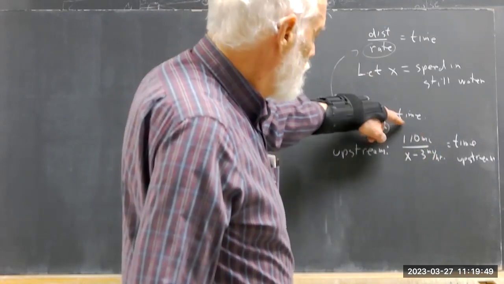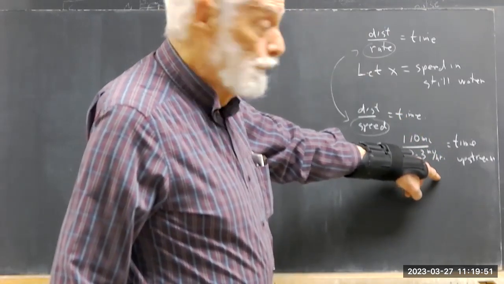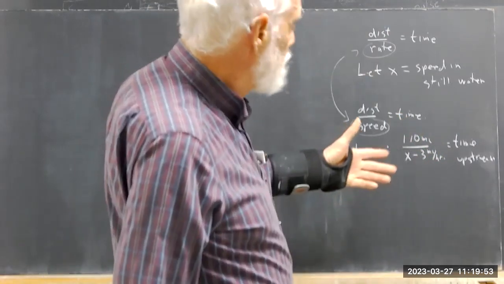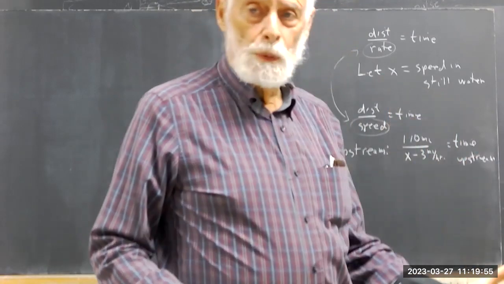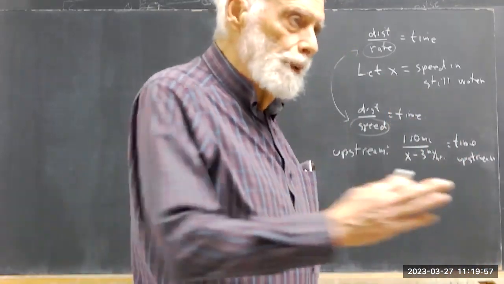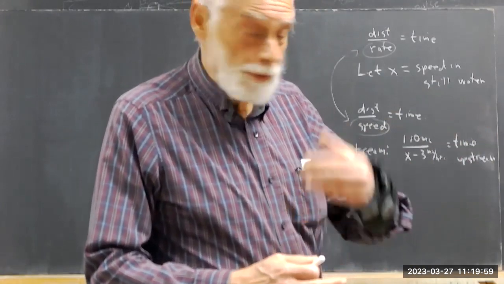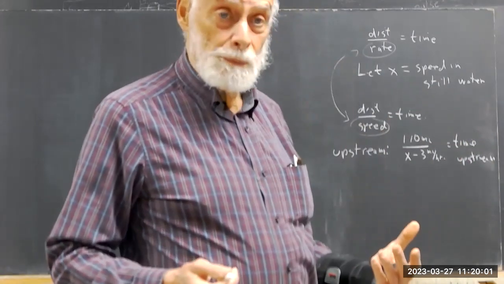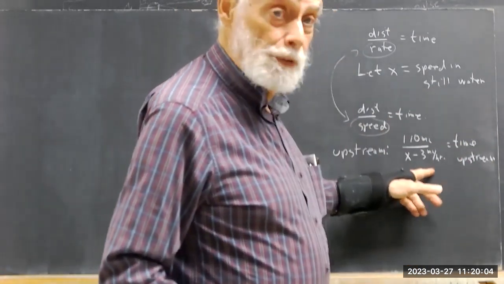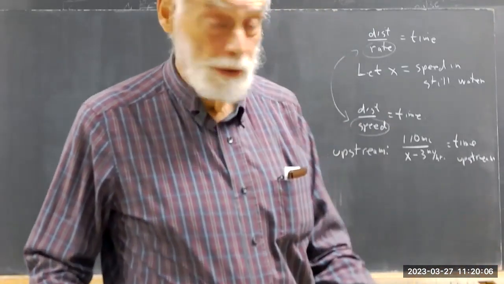Time upstream, 110 miles over X minus 3 miles an hour. Because of course, if X is your speed in still water, and you're traveling upstream against a 3 mile an hour current, your speed upstream is going to be X minus 3 miles an hour, 3 miles an hour less.